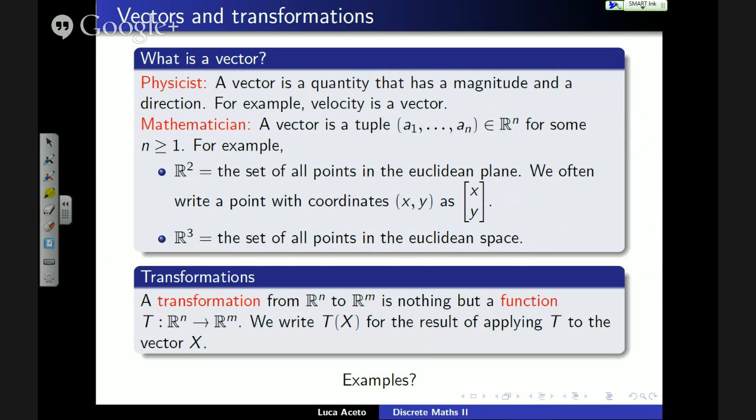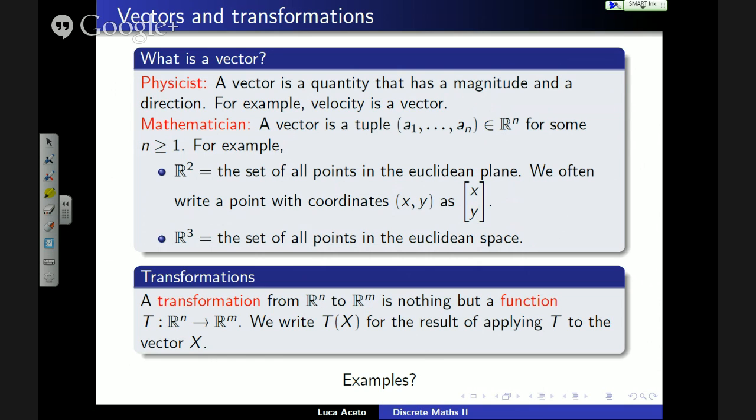Now, before we break, let me introduce you to the object that we are going to study for a couple of course sessions. Namely, the notion of a transformation from n-dimensional vectors to m-dimensional vectors.